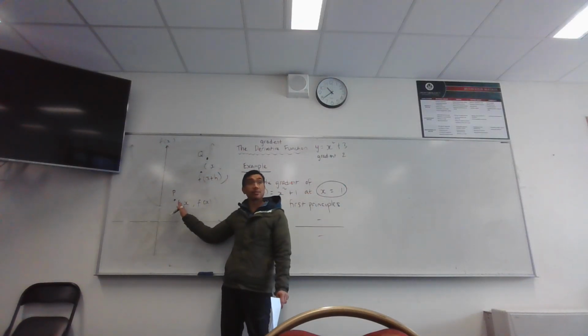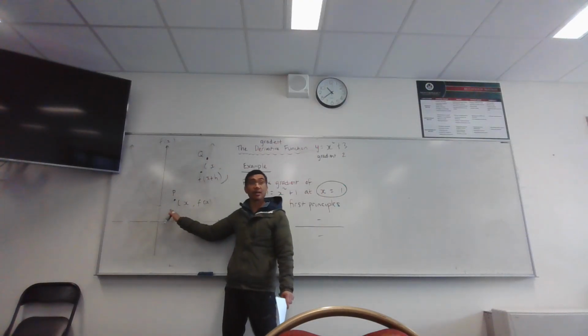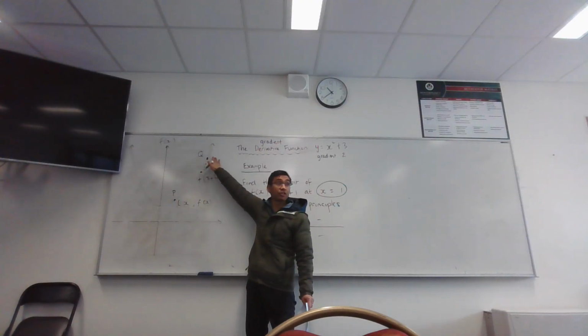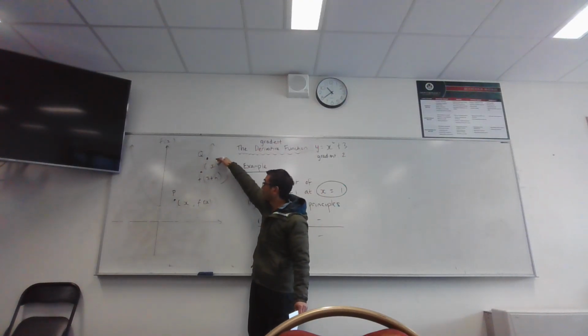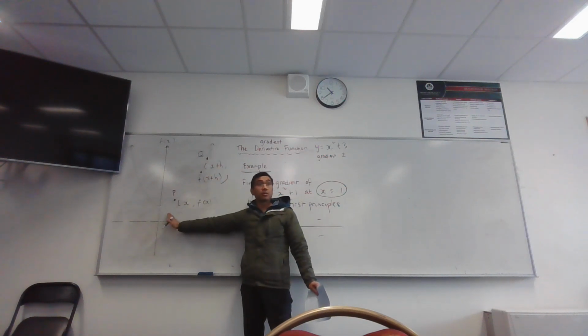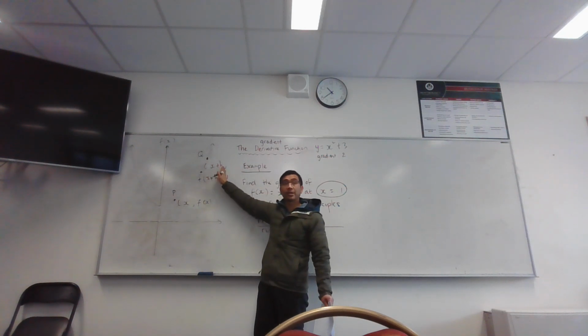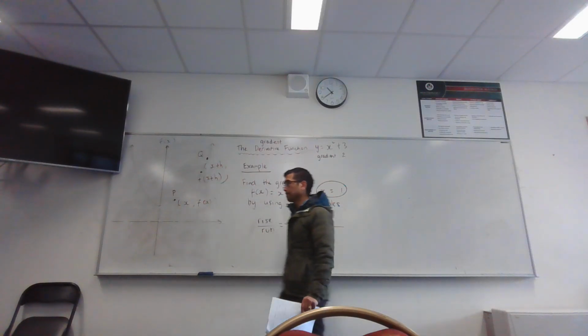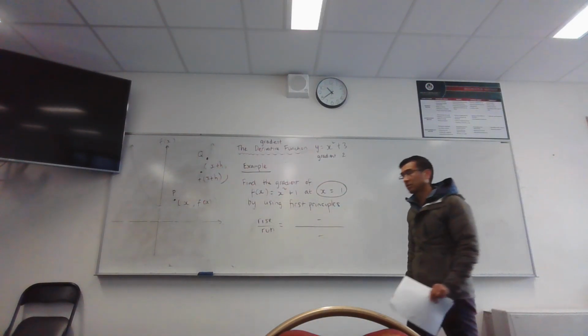We have x and f(x), but we have another point a bit further down the track. So this is x, but what am I missing in here? Plus h. Starting point plus a little bit more. Are we okay? Yes.